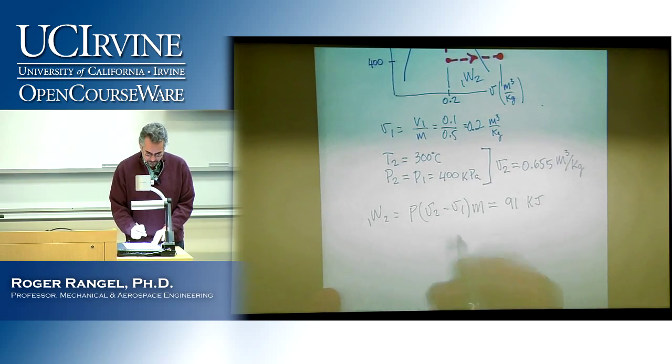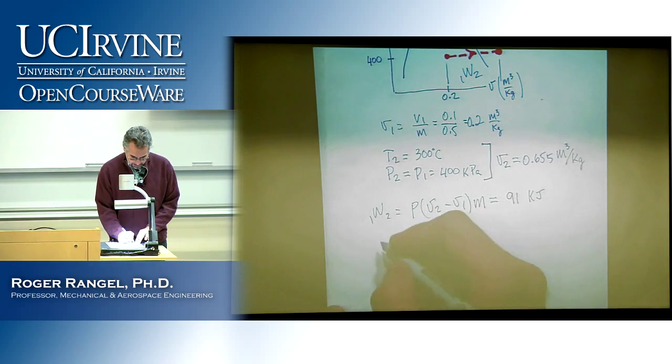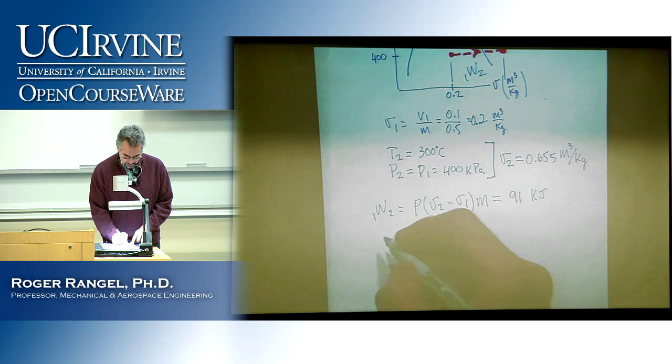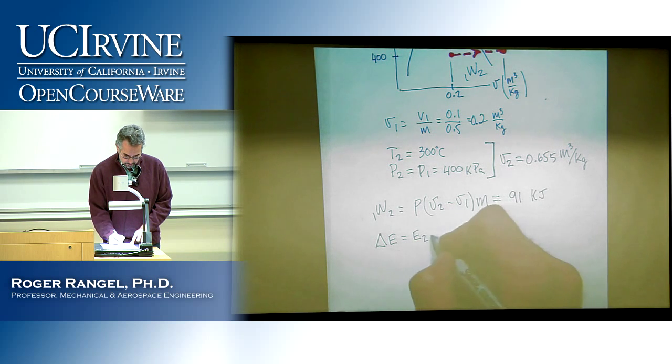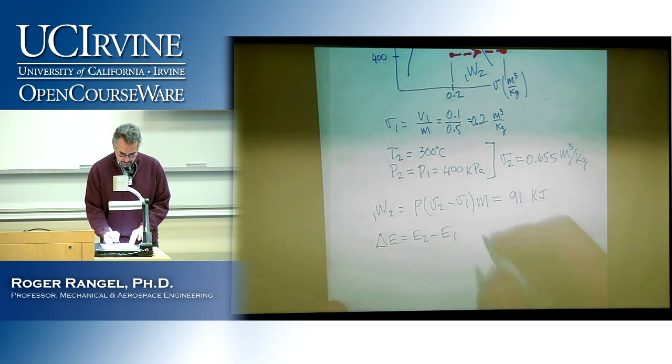And then the second question was to find the heat transfer. And I always, in a problem like this, would find the heat transfer by using the first law. So you would write the first law in general. You could write it as delta E, which is E2 minus E1, capital, extensive total energy, is equal to Q12 minus W12.